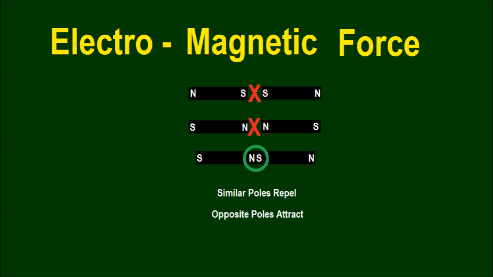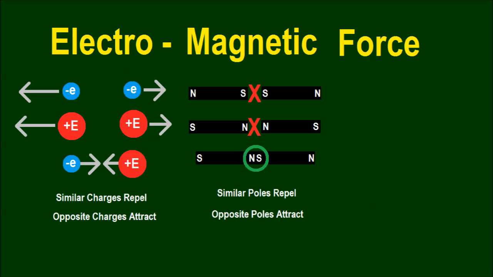In the case of charged particles, though, there is not an opposite end. The protons have a positive electric charge, and the electrons have an equal but opposite negative electric charge. And these charged particles use the same rules. Similar charges repel and opposites attract. So no two electrons ever want to get close to each other, nor do two protons.